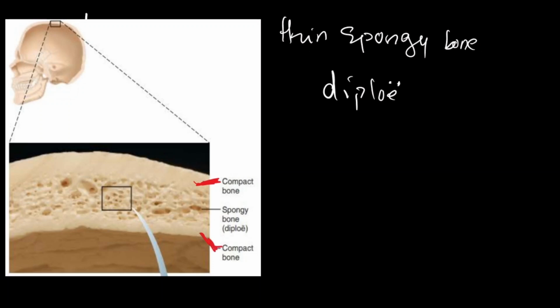On the exterior and the interior we have the compact bone, and then we have the spongy bone right here. This thin plate of spongy bone is called the diploe. Now this is typical of short bones, flat bones, and irregular bones. Of course they are covered on the exterior side by the periosteum and on the interior by the endosteum.